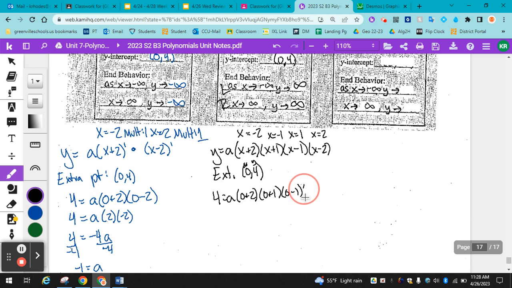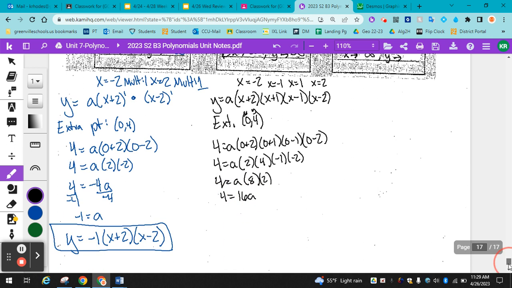Some of you will skip this step. That's okay, I'm not there today. So 0 plus 2 is 2, 0 plus 4 is 4, -1 and -2. Multiply all those together. 2 times 4 is 8. -1 times -2 is +2. So 4 equals 16a. Almost there.